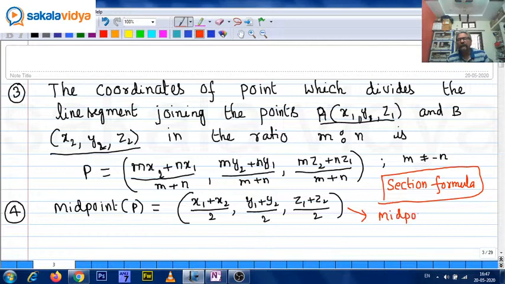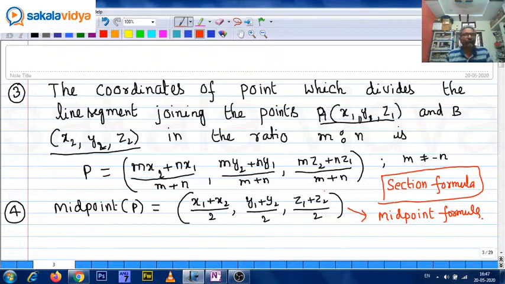This is called midpoint formula. Right, (x1 plus x2) by 2 comma (y1 plus y2) by 2 comma (z1 plus z2) by 2. Okay, that's absolutely correct.